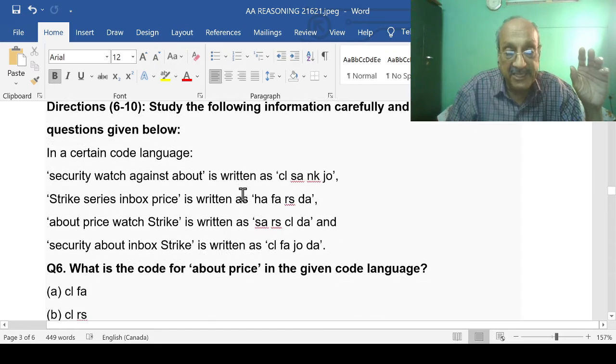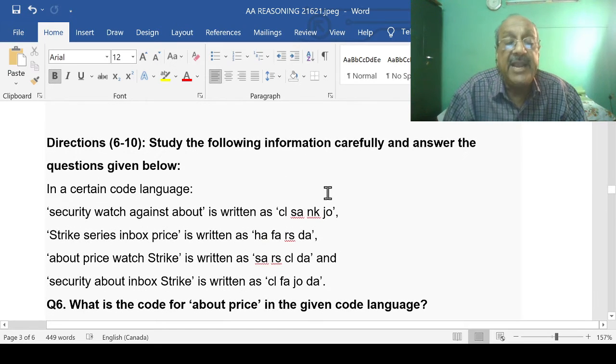The question 6 to 10 goes like this: coding, decoding. Study the following information carefully and answer the questions given below. In a certain code language, security watch against about is written as CLSANK Joe.